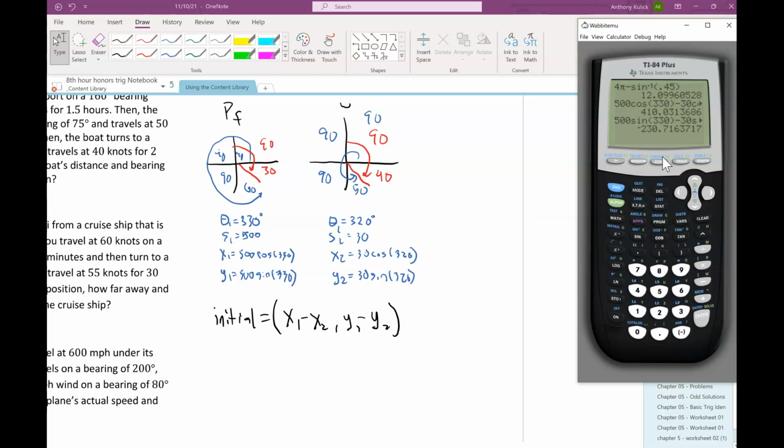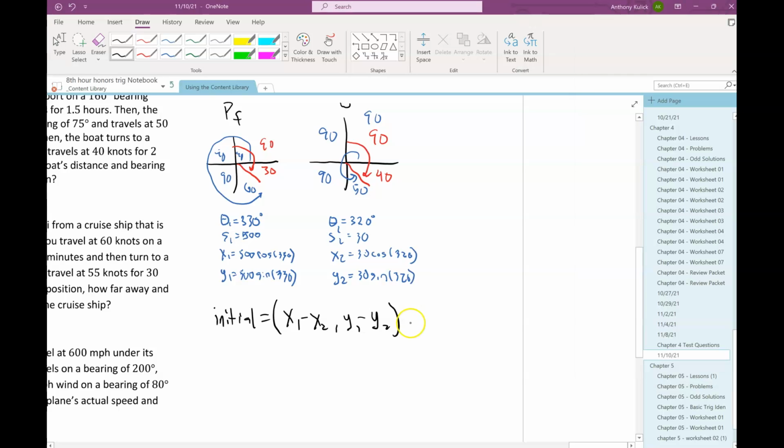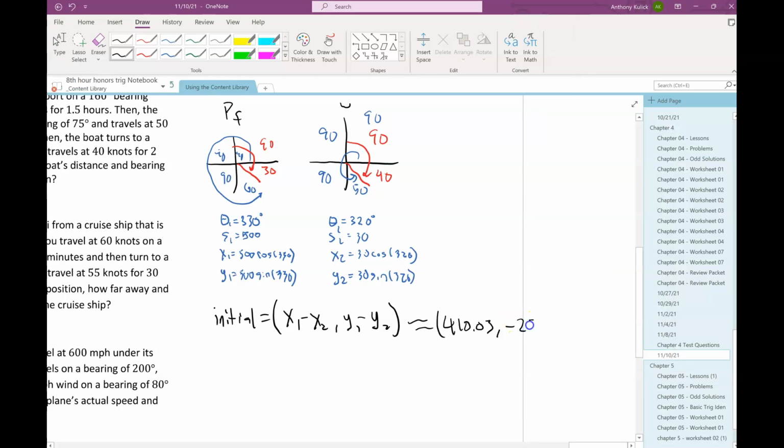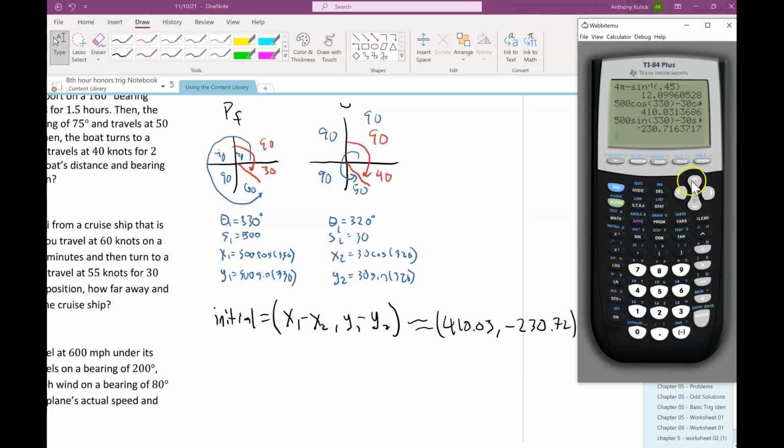So I typed the x1 minus x2 and the y1 minus y2 into my calculator. So I have 410.03 and then negative, what was the other? 230.72. You good there? Well, let's make sure that I typed it in.